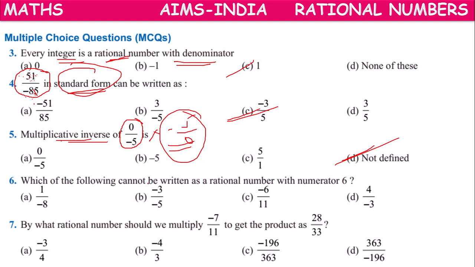Which of the following cannot be written as a rational number with a numerator 6?